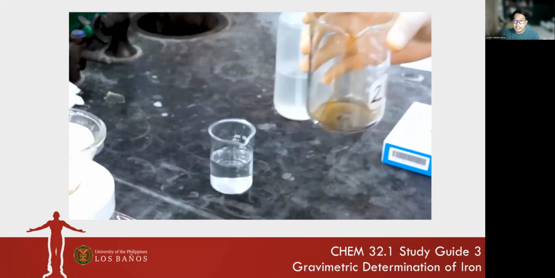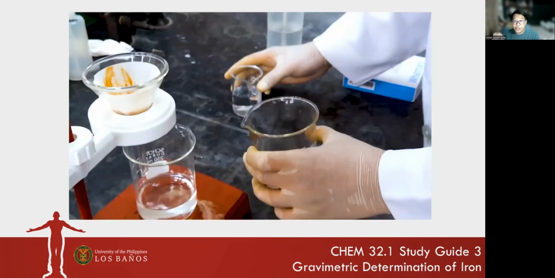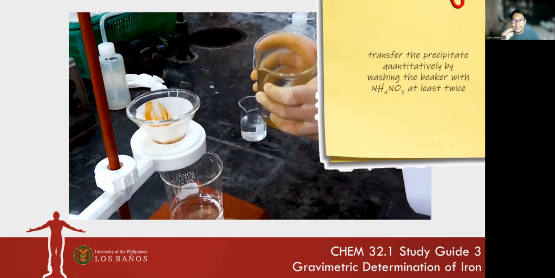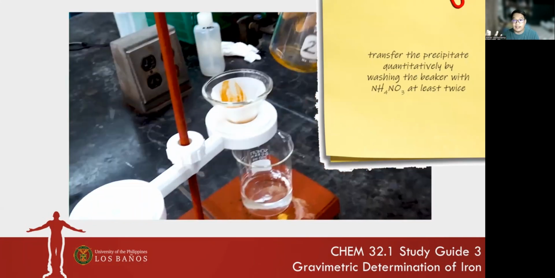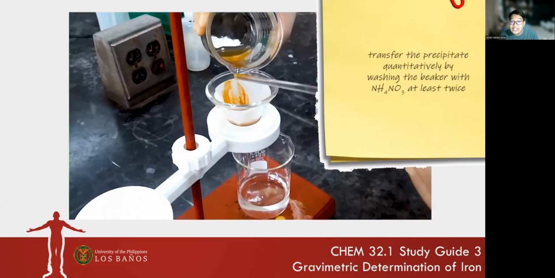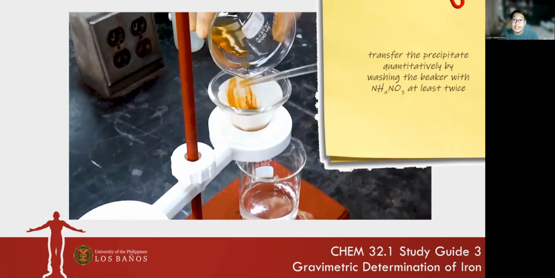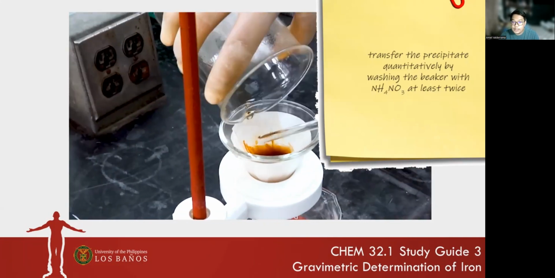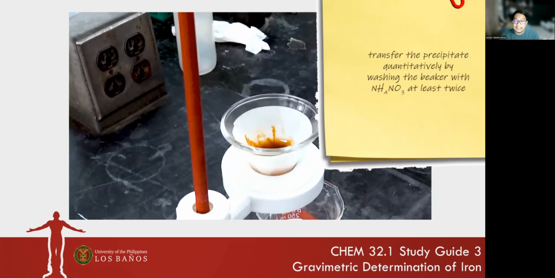So by washing, meaning we will apply the ammonium nitrate in our beaker to quantitatively transfer the whole content of your precipitate to your filter paper, since there are residues present on the side or the walls of your beaker. So para lahat ma-account natin.